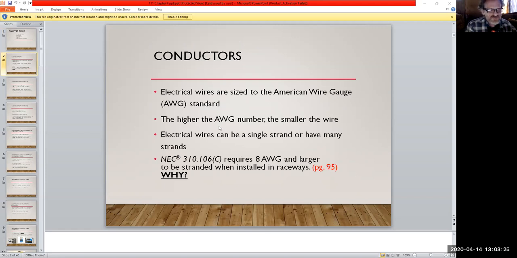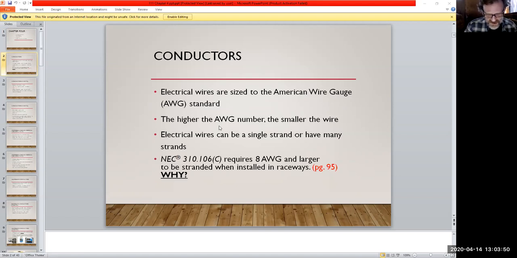One thing to note, wires can typically come in both ways. The very, very small ones are very difficult to make with multiple strands, so usually you'll see what they call solid core. But stepping up in size, especially 12 and 14, those can come in two ways.